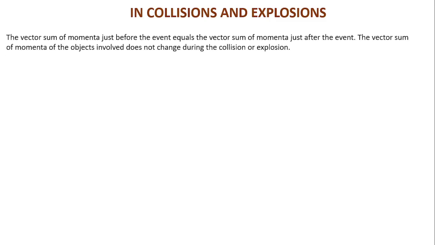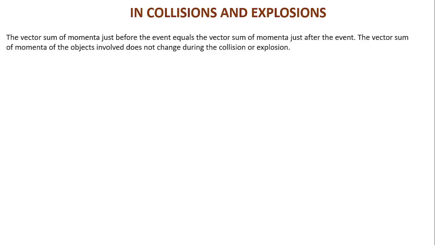So let's understand what happens in collision and explosion. The vector sum of momenta just before the event equals the vector sum of momenta just after the event. This is during collision and explosion. So the vector sum of momenta of the objects does not change during the collision or explosion.